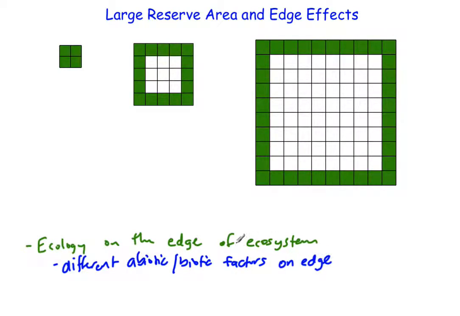And in general, the edge is detrimental to different species living within an area. Oftentimes, there's more competition or predation along the edge than in the center of a particular area. So larger reserves help reduce the effect of these edge effects, and we'll look at a mathematical model that shows that.